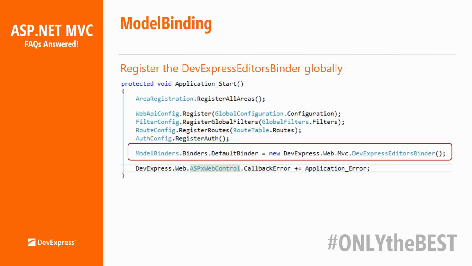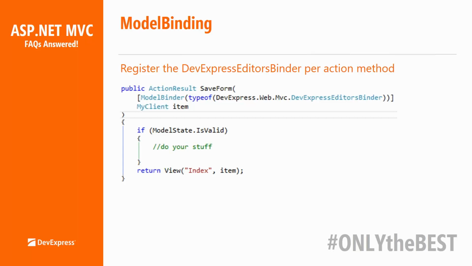If you start a new project with DevExpress, with the project template, we'll initialize the default binder to use the DevExpress editors binder. In that case, you don't need to think about anything anymore. If you are using an existing project and you want to use this model binder just for like a specific page, maybe you're using other controls from third-party vendors, I don't know, and they might interfere with this model binder, so maybe you want to do it like on an action method approach. That is also possible.